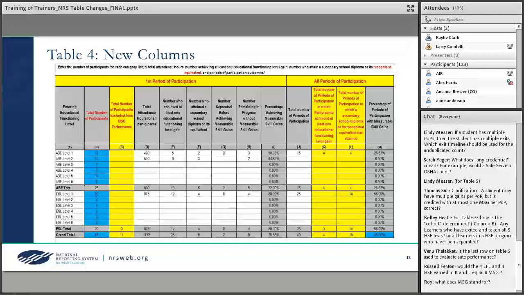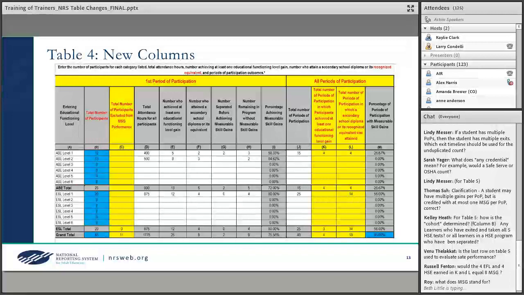It is K plus L, so that would be 4 plus 4 divided by column J. So it's 8 divided by 15, which should be higher than 26%.